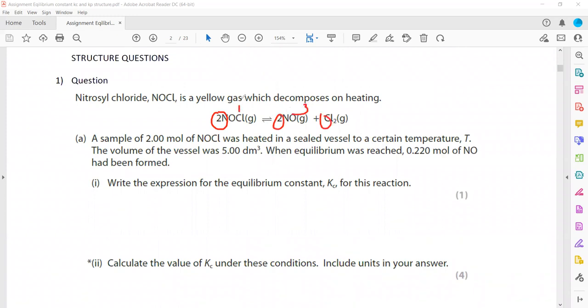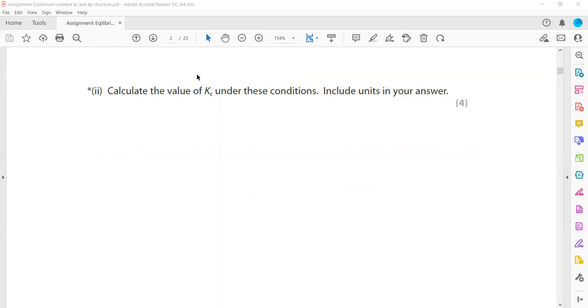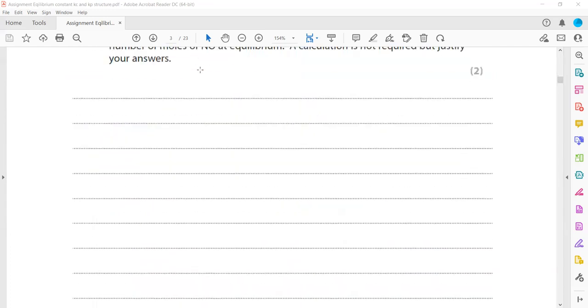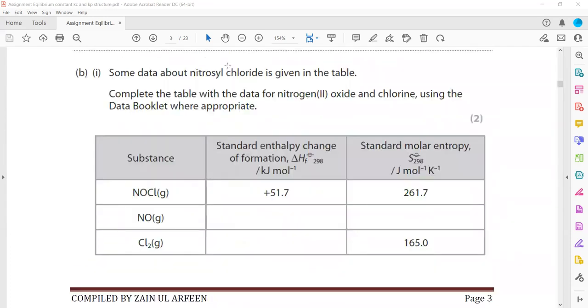So increase in volume decreases the pressure, so it will shift the equilibrium towards the side where the number of moles is more. So in this case, the concentration of NO will increase. So what will happen to the concentration or amount of NO? That will increase.